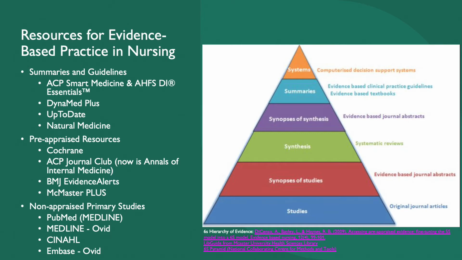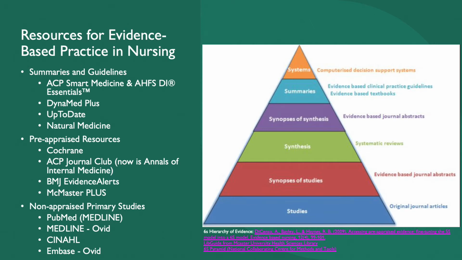And I have attached that on this slide as some of the resources that they identify. The search for evidence-based resources should begin at the highest possible layer. The categories of evidence-based resources described here correspond to the layers of the 6S model.